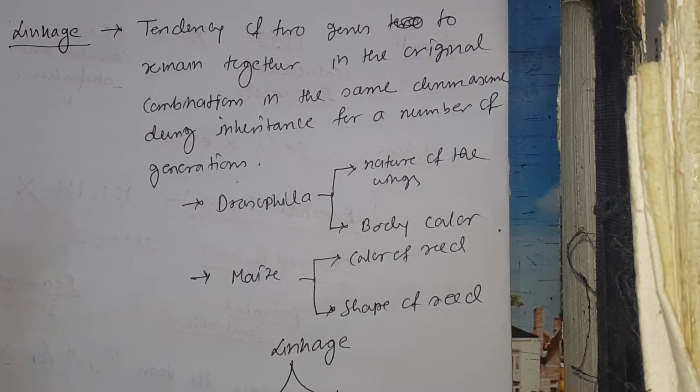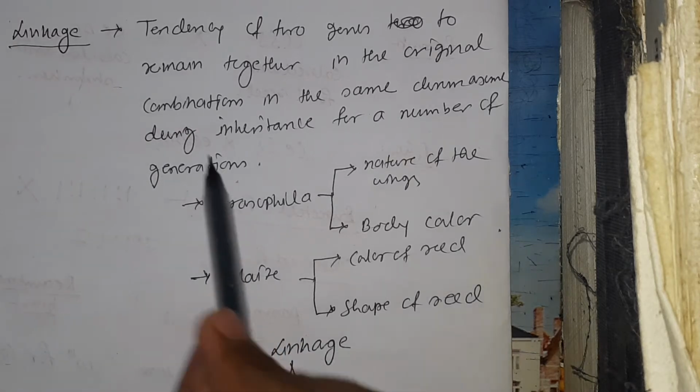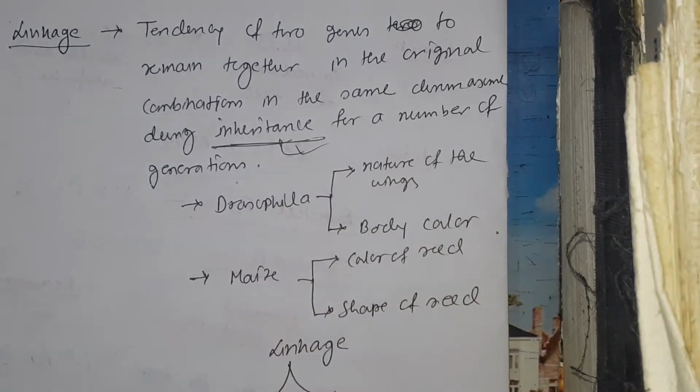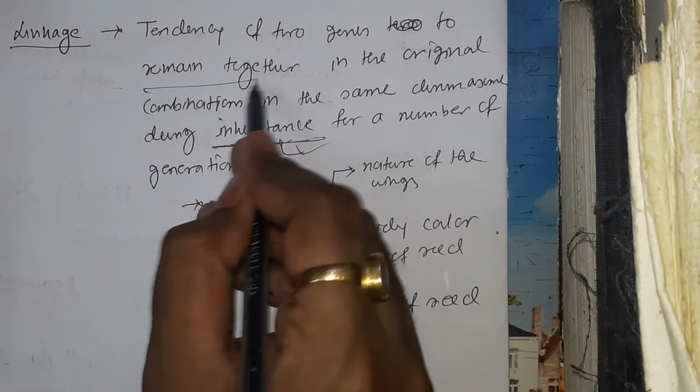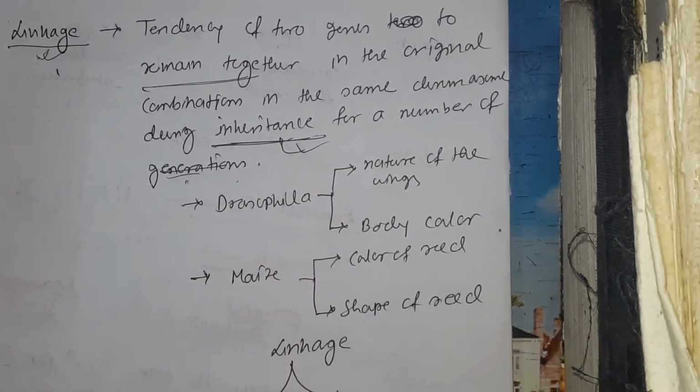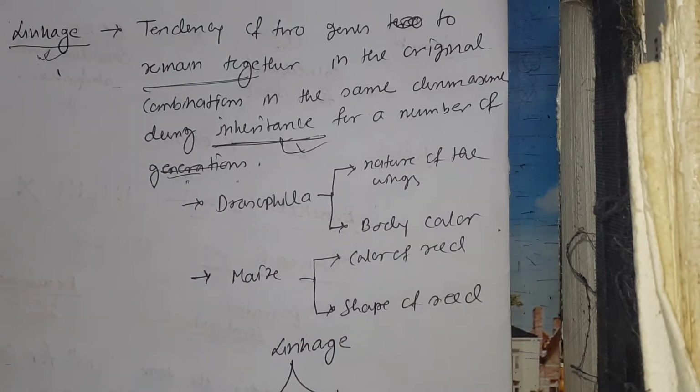Despite the process of inheritance that is occurring to separate them, they remain together for a number of generations. That is the term linkage. That means linkage occurs between two genes that are best friends, and they always sit together in the same combination in the same position of the chromosome. So now you understand what linkage is.